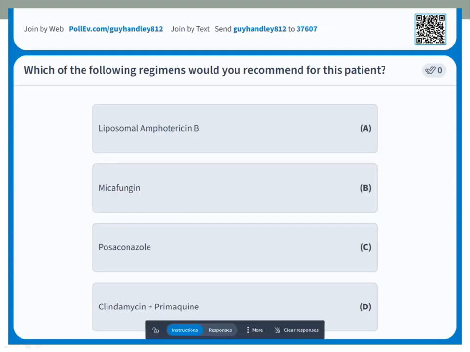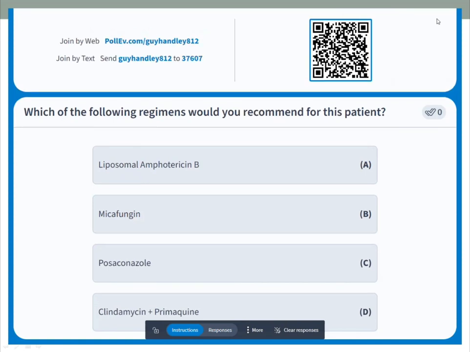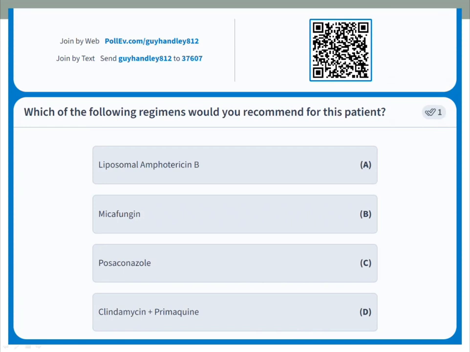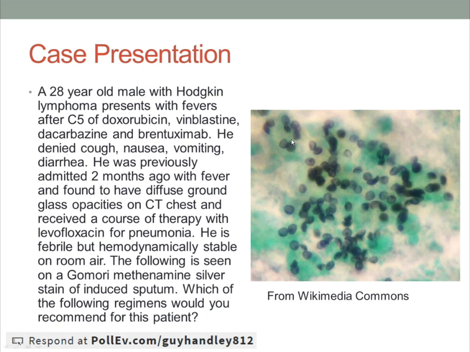I think you should be able to QR code it. I'll go back in a second, just to make sure everybody has a chance to get the QR code. Okay, so going back to the stem.